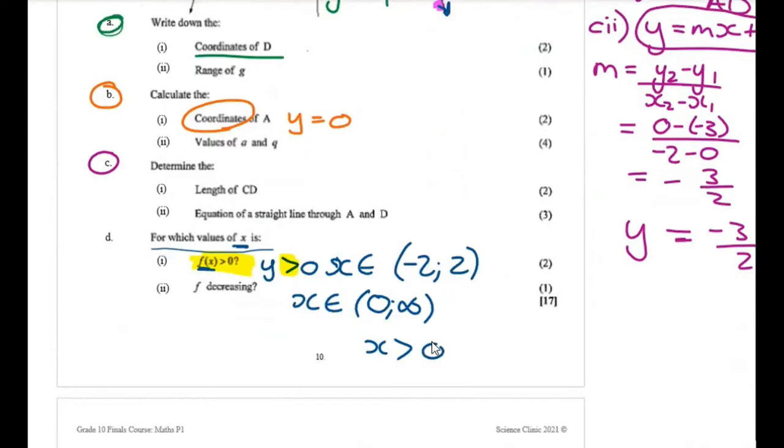I was asked, when do you use square brackets? For example, in the previous question, if they had asked f of x greater or equal to 0, because of the equal sign, we would have used square brackets. For decreasing and increasing, they actually accept both. It's up for debate, but for me, technically, it should be round.